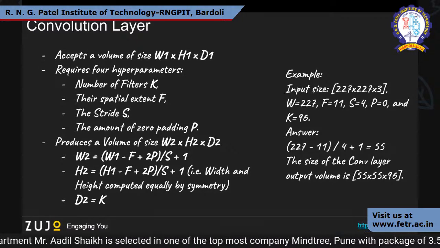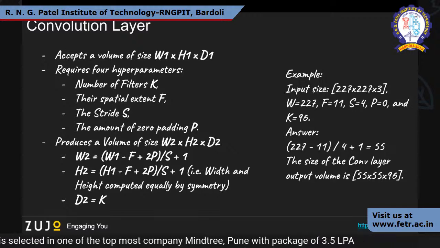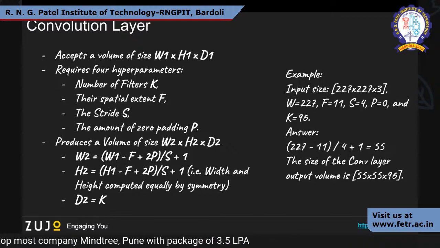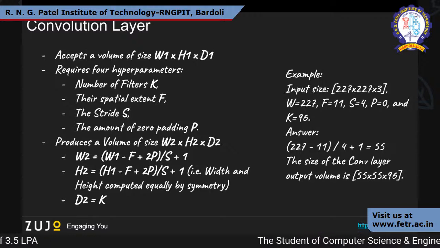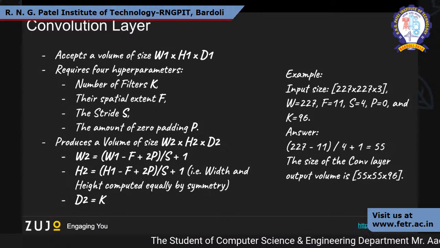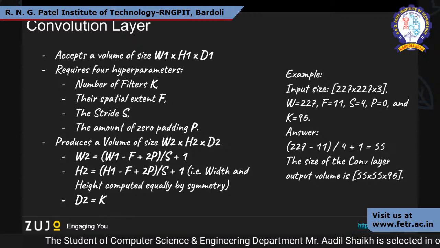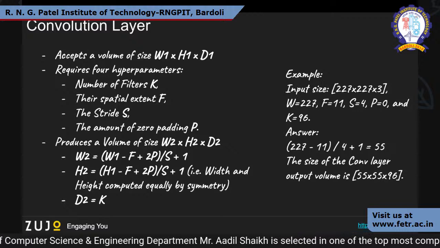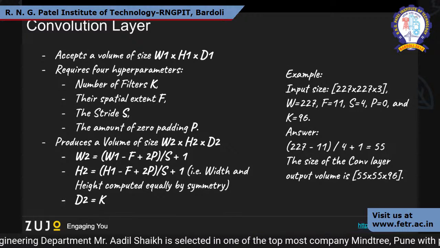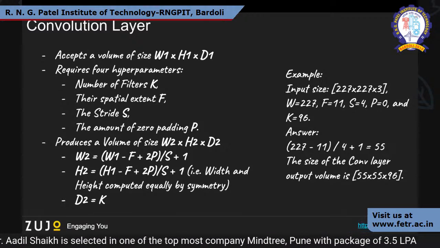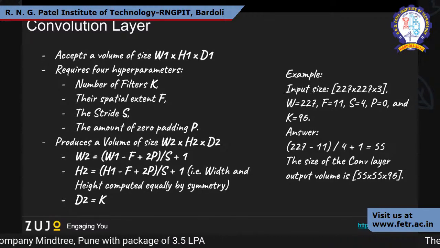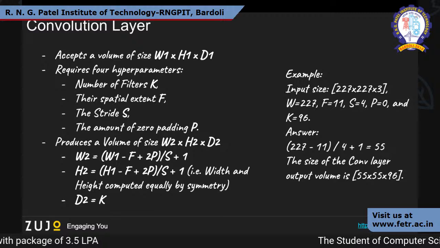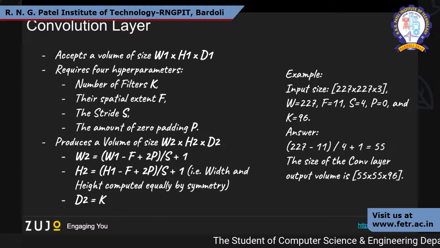It freezes with the graph, but that isn't a topic of this lecture, so I'm not going to explore it more due to the scope of the lecture. So the first part is the number of filters, which is K, right? And then there's the spatial extent, which is F, then stride S, and the amount of zero padding, which is P. K and F are basically what we had defined earlier, right?